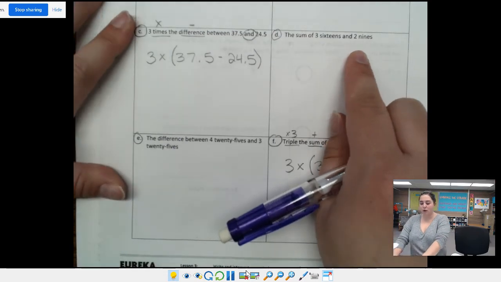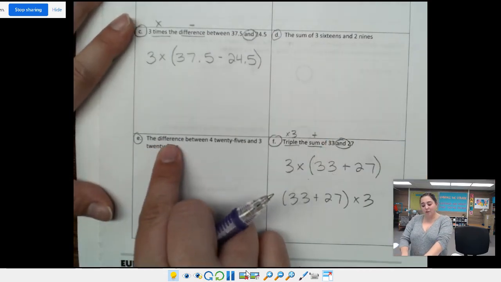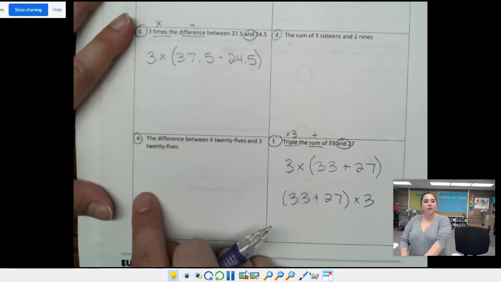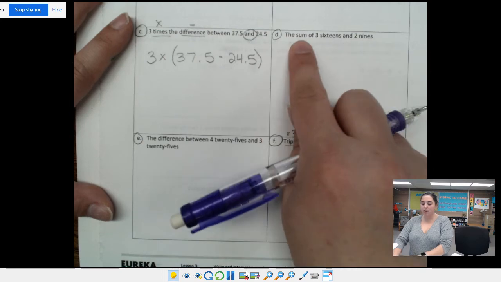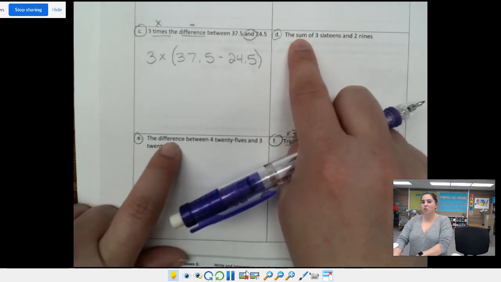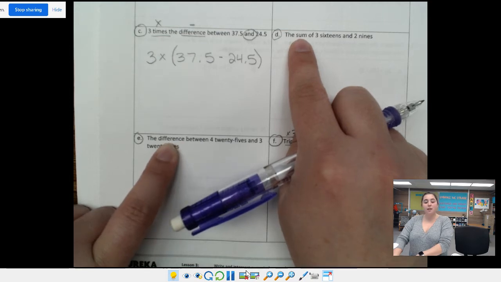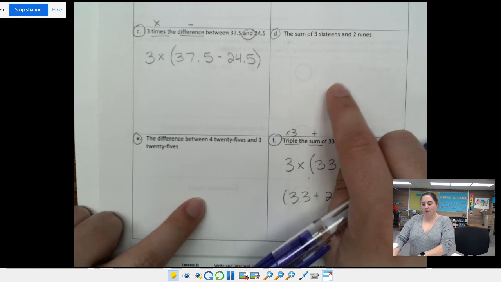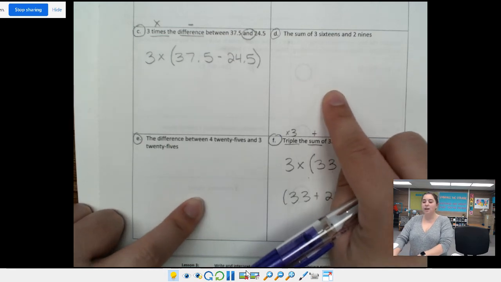I didn't do a difference problem. The difference between 4/25 and 3/25. The only thing that's different with this is instead of sum, they're using difference. How would that change it? All right, pause the video, do your practice, and then when you're ready to check, come on back. Make sure you do the practice because there is an exit ticket today.